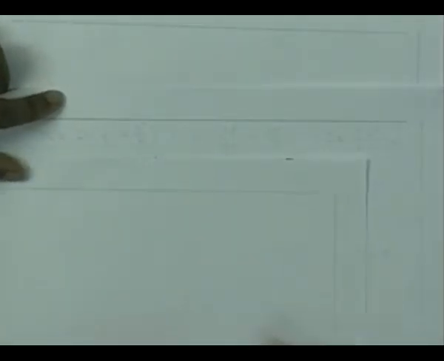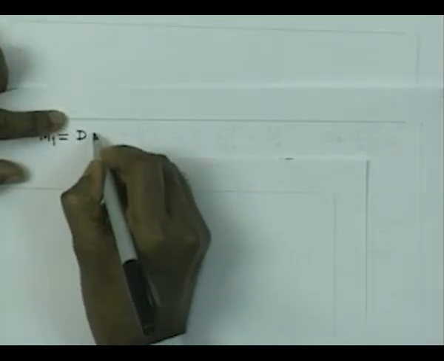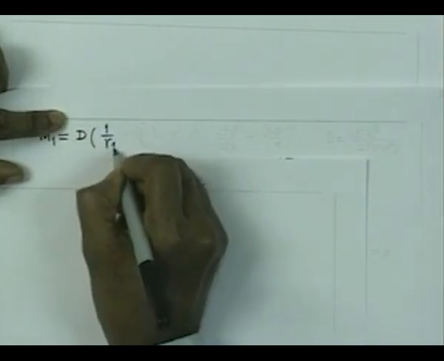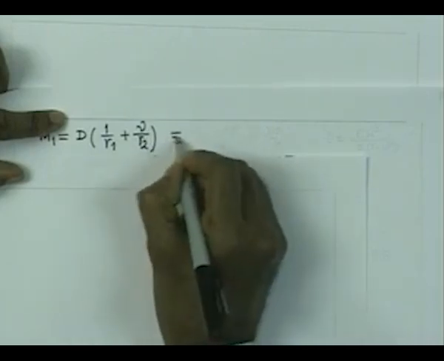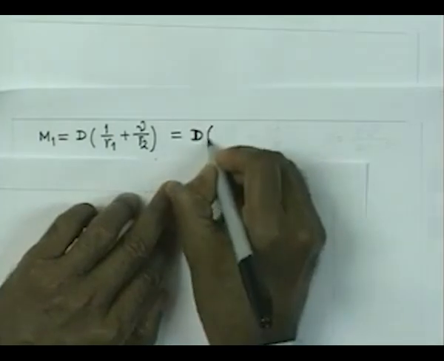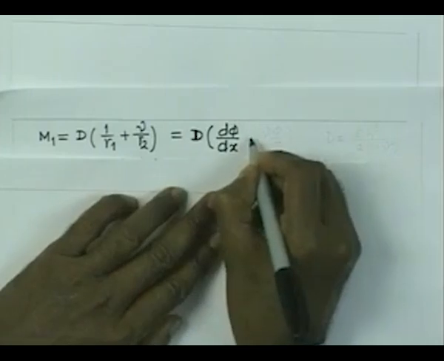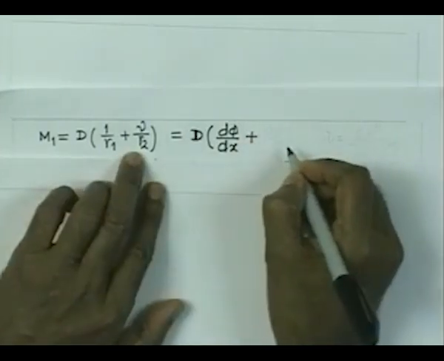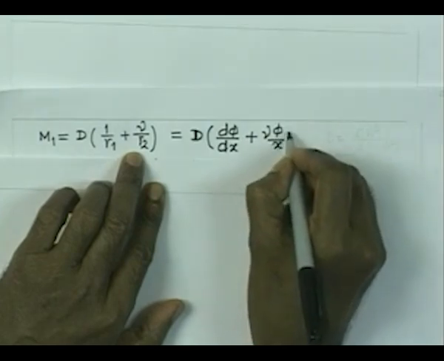So, now let us write m1 is equal to D times (1/r1 plus nu/r2), which is nothing but, since 1/r1 is d phi/dx and 1/r2 is phi by x, D times (d phi/dx plus nu phi by x).